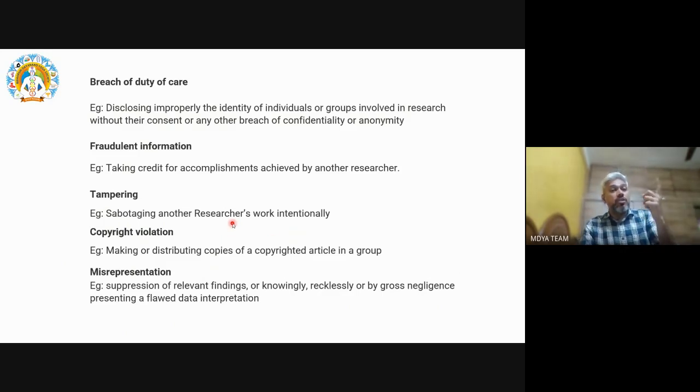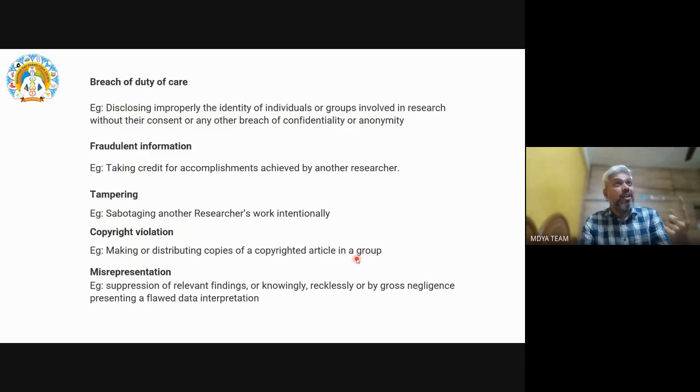Tampering means, Sachin Tendulkar was once found in an international match to have tampered with the ball. If such things happen in our research, if you are harming somebody else's research, then it is called tampering. Copyright violation: making or distributing copies of a copyrighted article in a group is also copyright violation.